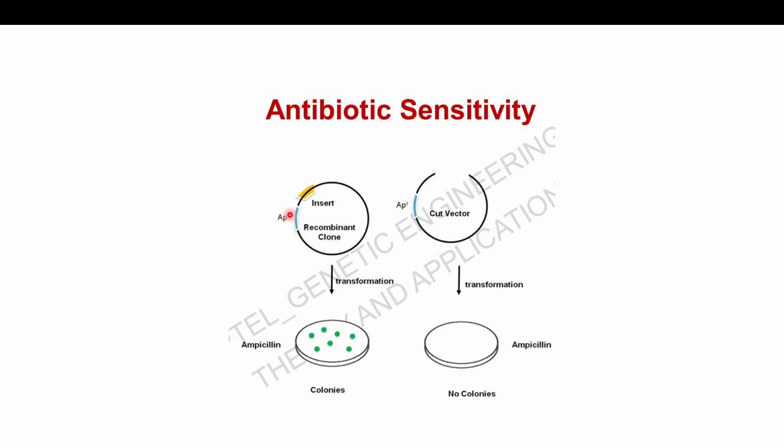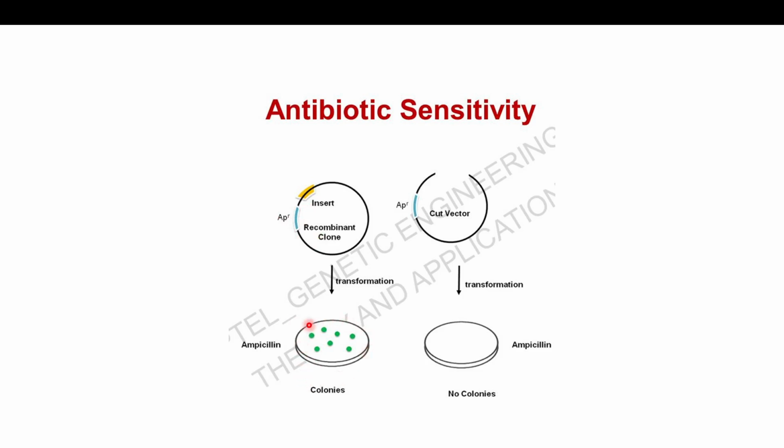Now, suppose this is the host gene, the recipient cell's gene, and this is the DNA or gene of our interest. This particular recombinant plasmid shows ampicillin resistance.